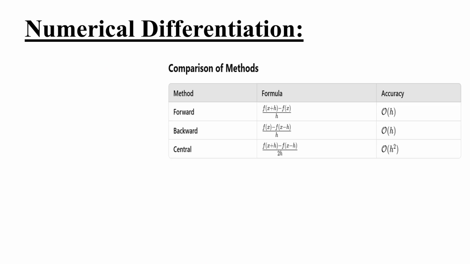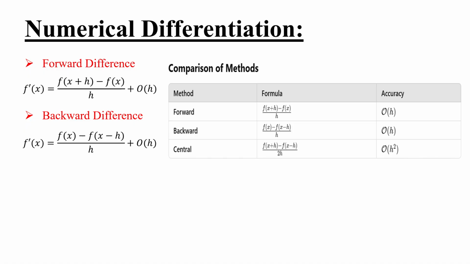Now here we come up with a summary of the three methods. One is forward difference, where we have f of x plus h minus f of x divided by h, with accuracy of big O of h. Similarly, backward difference uses a backward point with the same accuracy, but central has better accuracy than forward and backward differences.